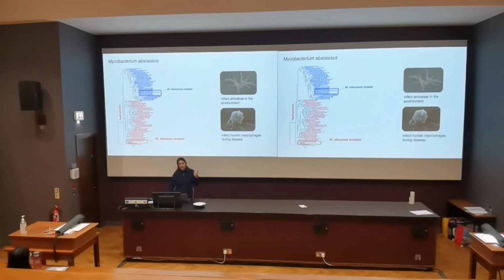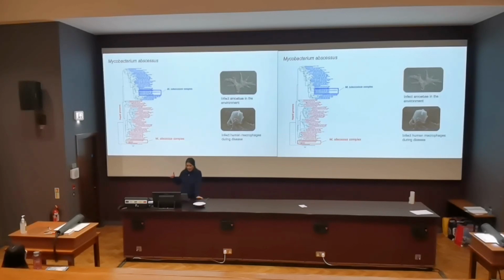Mycobacterium tuberculosis belongs to the genus Mycobacterium, but today I'm going to be telling you about Mycobacterium abscessus, and here's a tree that I built of all the housekeeping genes across the genus.